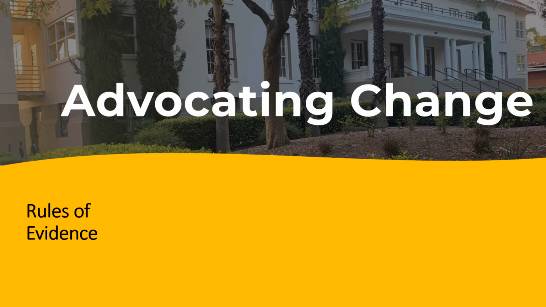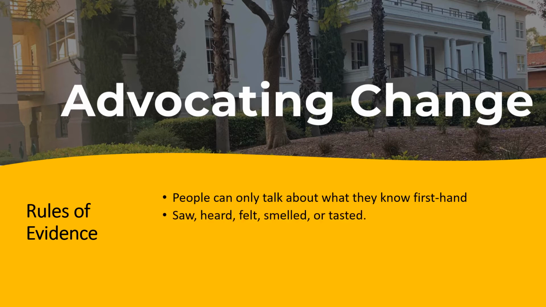You must understand that there are rules of evidence that everyone must follow. These rules help ensure that the judge gets reliable, relevant, and accurate evidence to consider when making decisions about your case. Among the most important of these rules are that generally, people can only talk about what they know firsthand, what they themselves have seen, heard, felt, smelled, or tasted.